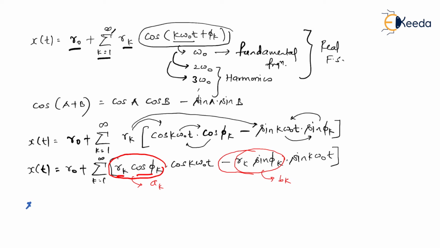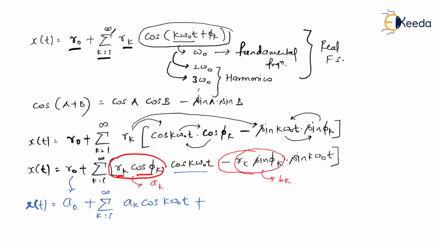So now I can rewrite this relation as x of t. I'm substituting R naught as a naught. It doesn't matter. The sum from k equal to 1 to infinity of ak. What is the left term? It is cos of k omega naught t plus, why plus?